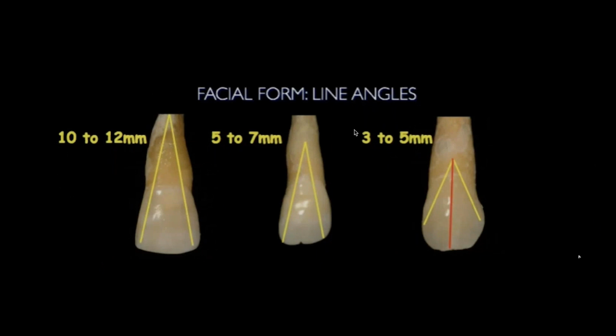This is a great trick before we finish up. For those of you who don't know it, this came from Weiss and McLaren years ago, and I still use it a lot. It's a great little trick that if you're looking at a cast of your model, you take the zenith of your central and you draw a dot from the zenith up 10 to 12 millimeters. On the lateral, it's 5 to 7 millimeters, and on the cuspid, it's 3 to 5 millimeters.